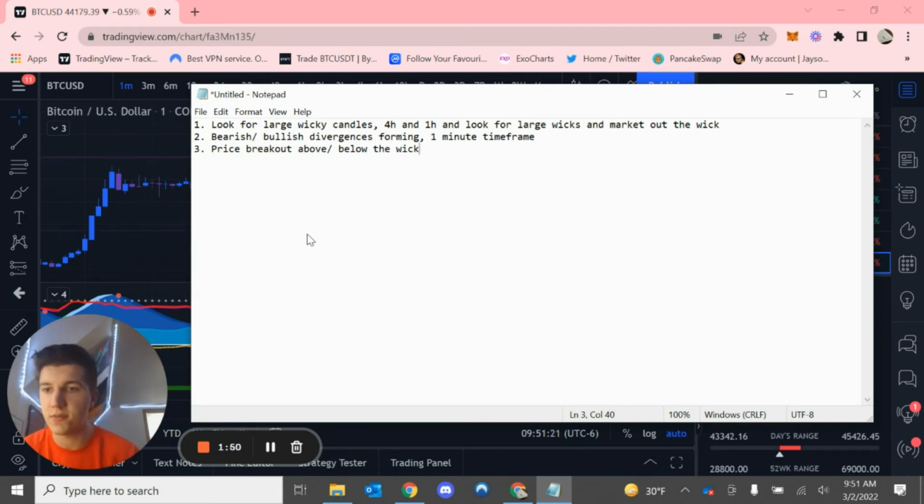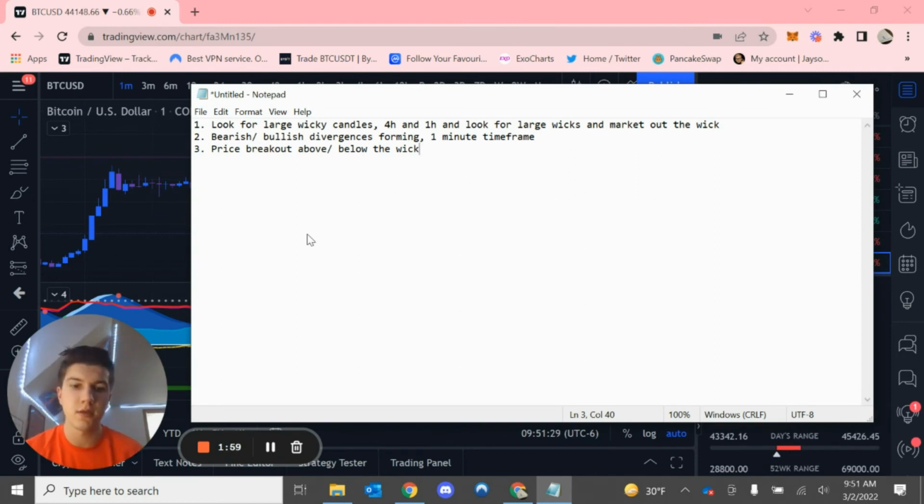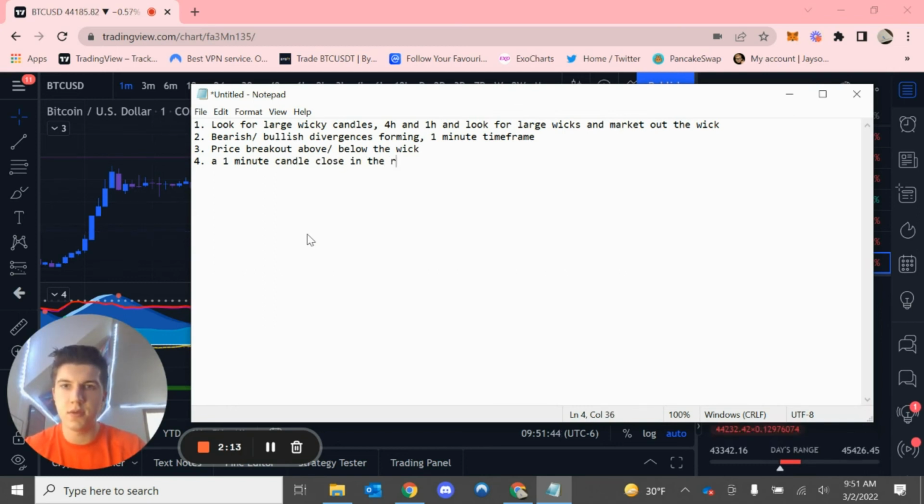In this case, the video I was showing you was shorting a swing failure pattern. So you want to see a break above the wick, and you want to wait patiently. And then next, you want to see a 1-minute candle close in the red.